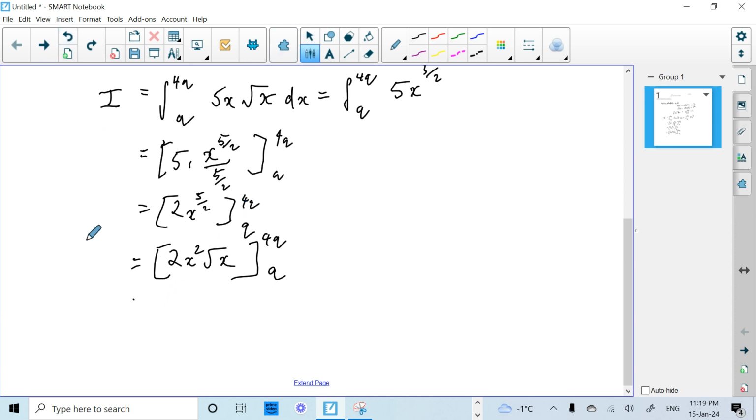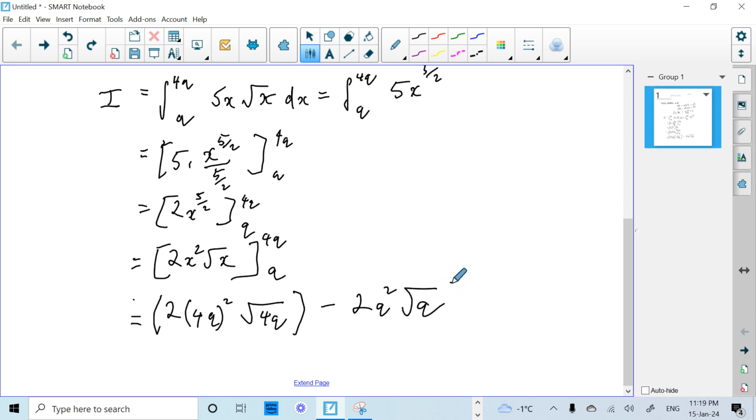we write out what the limits work out to. That's 2 multiplied by 4q, substitute it in, 2 multiplied by 4q all squared, and times the root of 4q. And then we're going to subtract with our q substitution, so minus 2q squared times the root of q.